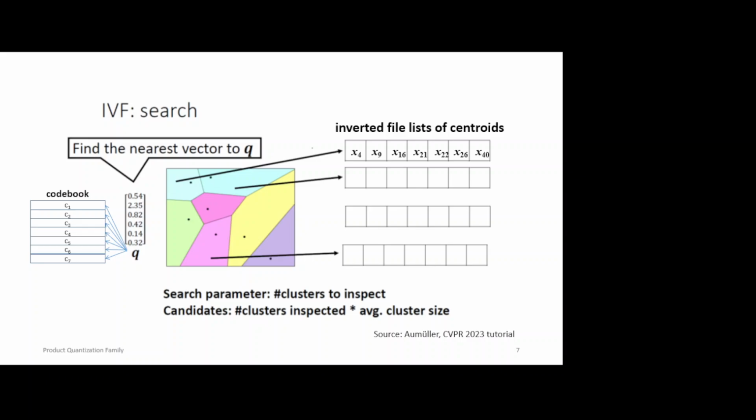So we will go to its inverted file list, and here we have several vectors stored. We can treat them as candidates. So Q will compute the Euclidean distance with all the candidates, and then we can sort them to return the top K results to the user.